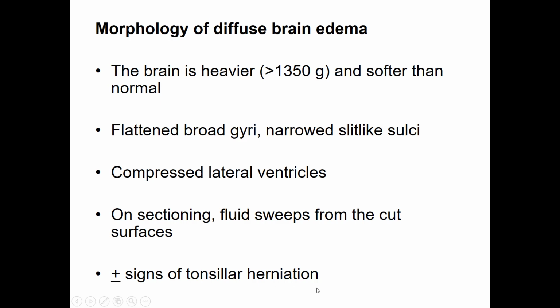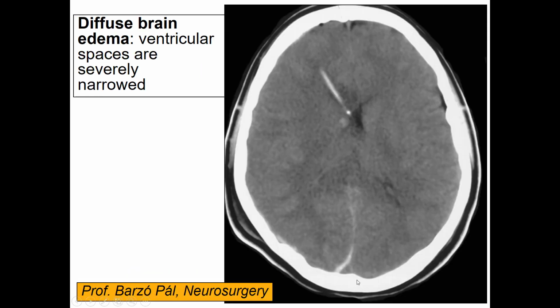And there could be signs of herniation, which include tonsillar herniation, but there are also several other types of herniation which we are going to discuss next in a couple of slides' time. So the diffuse brain edema can be seen on imaging, and as you see, the lateral ventricles are really slit-like.